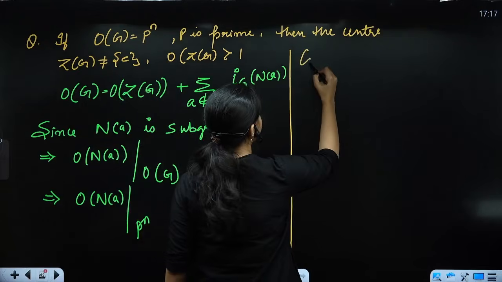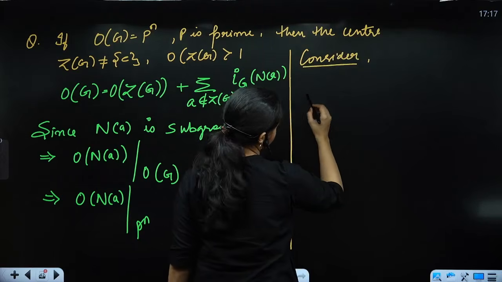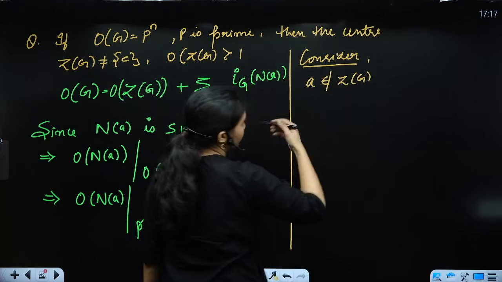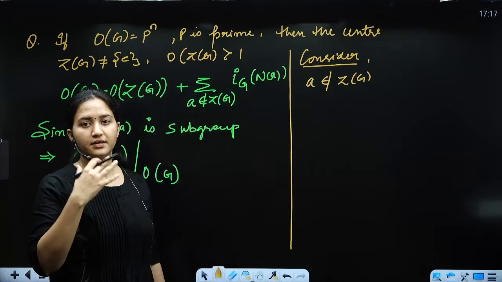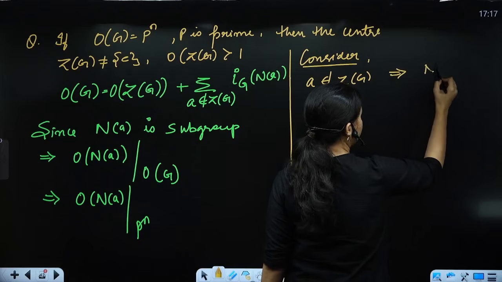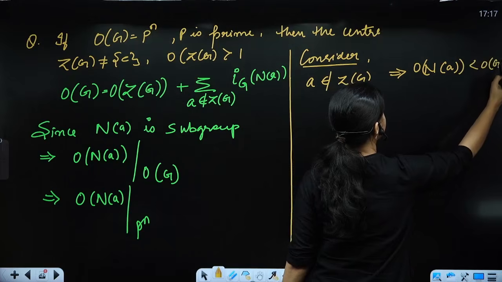So consider A does not belong to ZG, right? So if there exists an element that does not belong to ZG, this implies order of NA is going to be less than order of G, right?